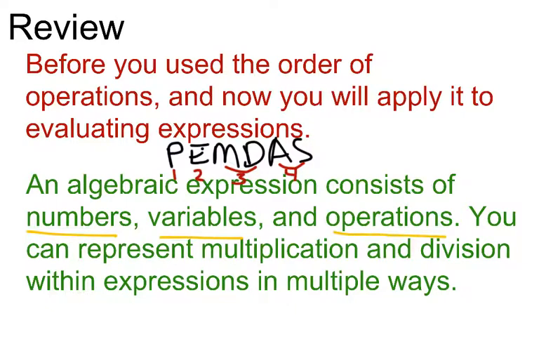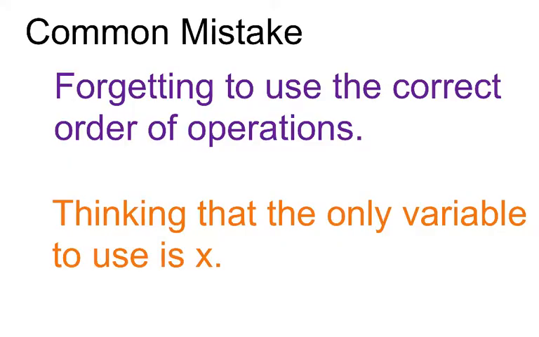You can represent multiplication and division with expressions in multiple ways. For example, 3x plus y minus 4. That is represented with numbers, variables, and an order of operations. Some common mistakes are forgetting to use the correct order of operations.